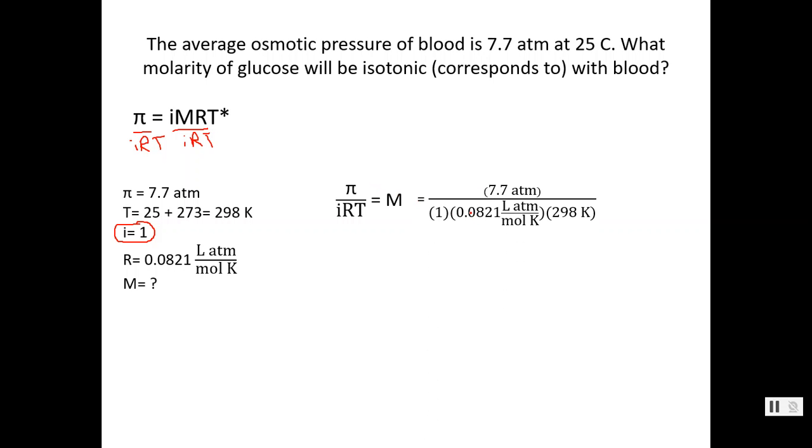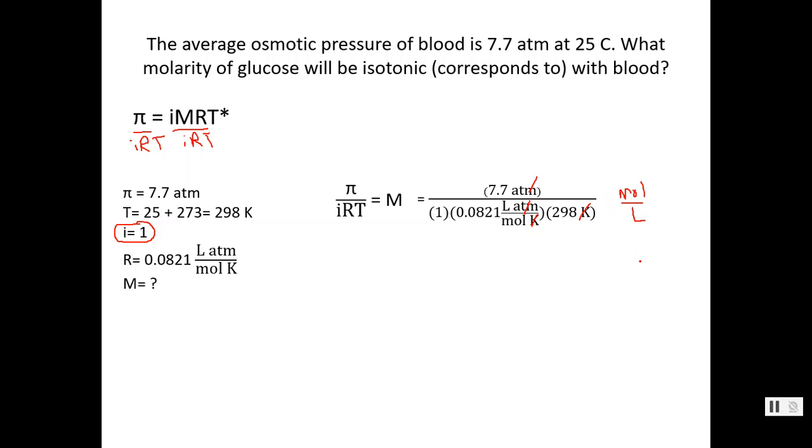Plugging in the appropriate values in atmospheres, Kelvin, and the gas constant, you see your atmosphere units cancel, your Kelvin units cancel, and you're left with liters per mole in the denominator. When you flip that to the numerator, you get the units of moles per liter.